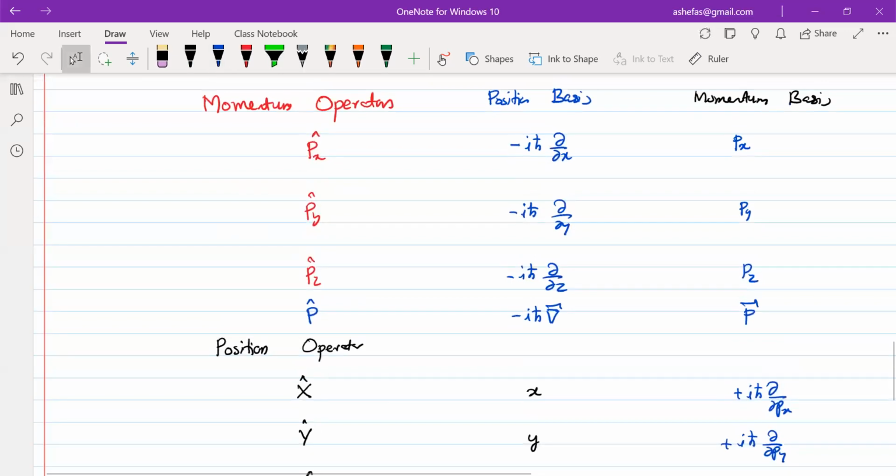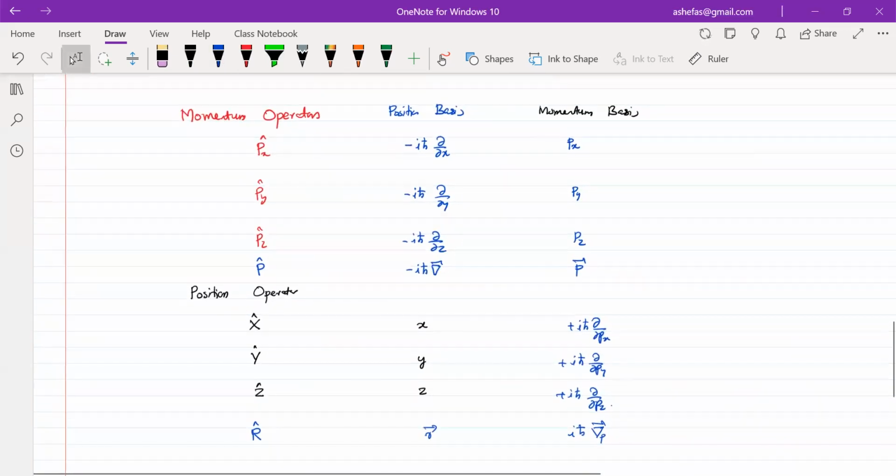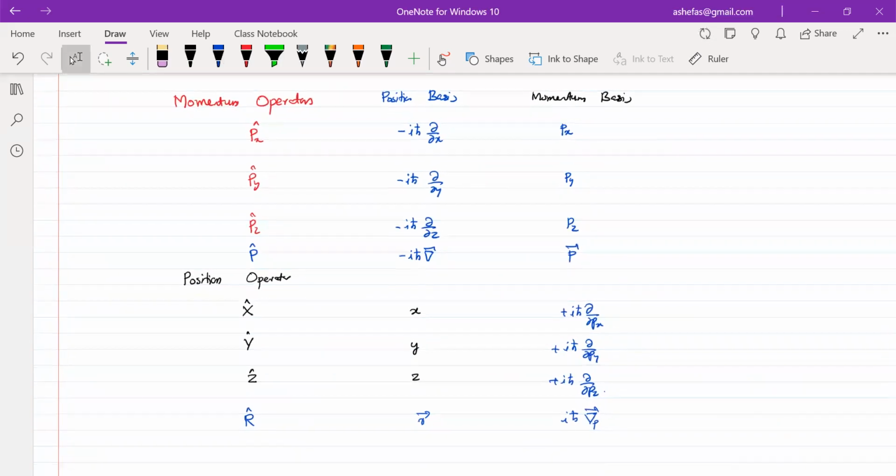So this gives the complete picture of the representations. Better we use the same colors to avoid confusion.